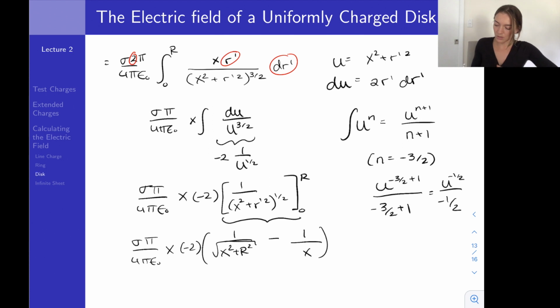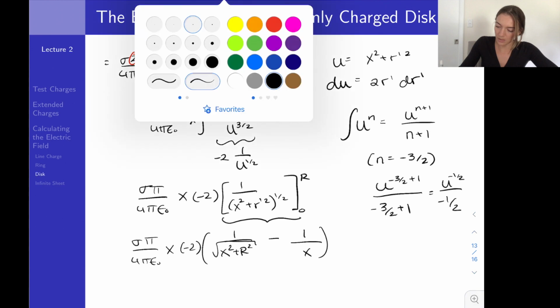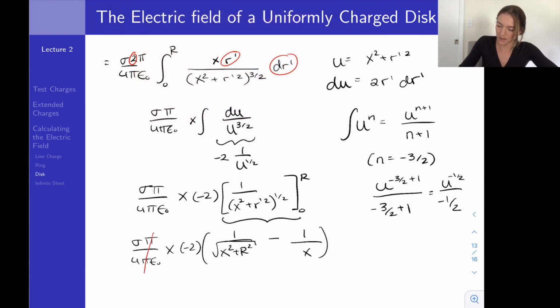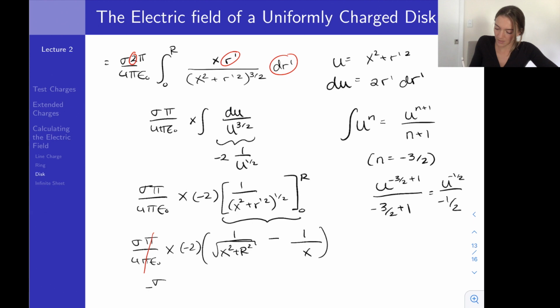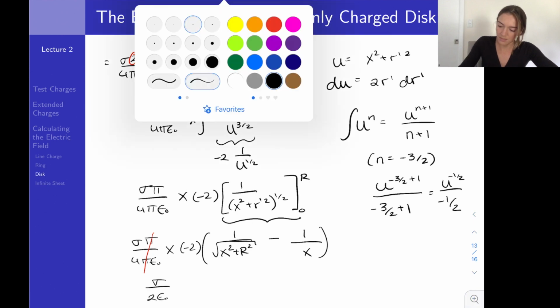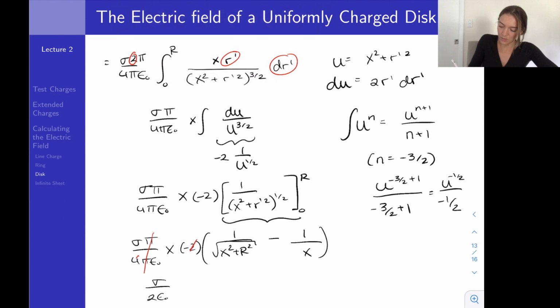So let's just rearrange some things. Let's distribute out this negative 2 into here. So that will give us, and let's cancel our pi's. So our pi's will cancel. Let's distribute out this negative and this x. So outside we'll have sigma over 2 epsilon naught, because this 2 and this 4 will cancel to just a 2.